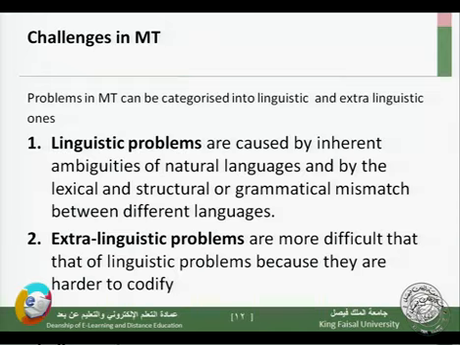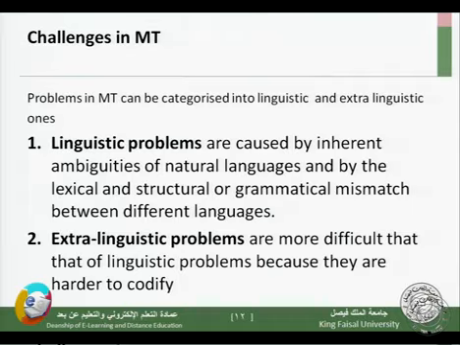Now, the second one, which is the most difficult one, is called extra linguistic problems. Extra linguistic problems are more difficult than, there is a spelling mistake here. This one should be "then." Sorry about this. Extra linguistic problems are more difficult than that of linguistic problems because they are harder to codify. In other words, you cannot identify and limit these problems.